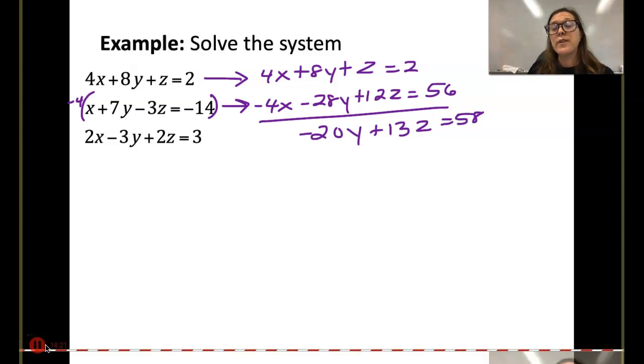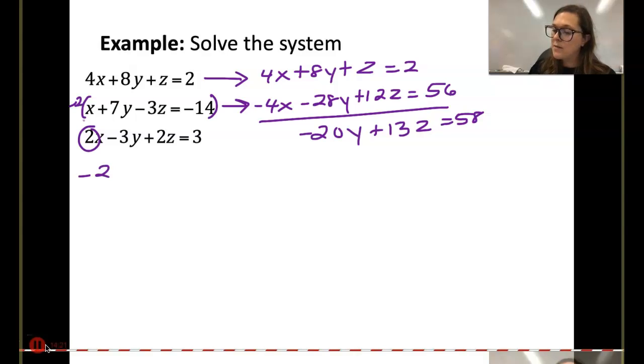Okay, so now I just used the first two lines. Now I got to bring the third line into the party. So that has a 2. It probably would be easiest to either multiply line 2 by a -2, or I could multiply line 3 by -2 and add it to the 4x. I'm going to work with the smaller numbers. I'm going to now multiply my second line by -2.